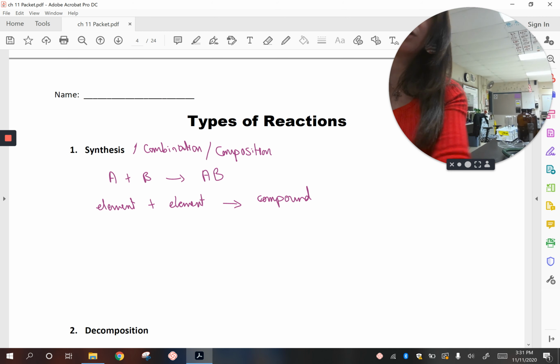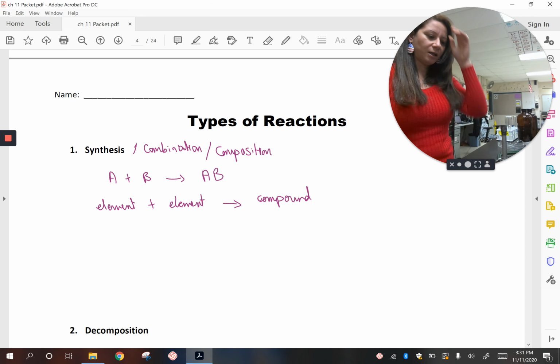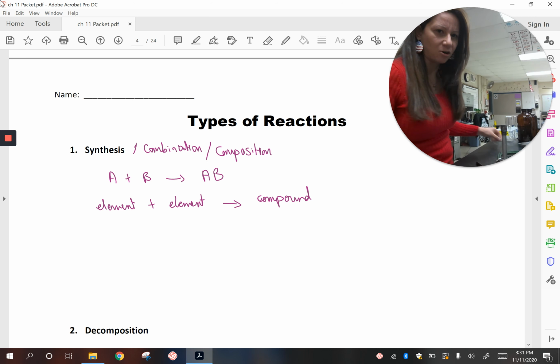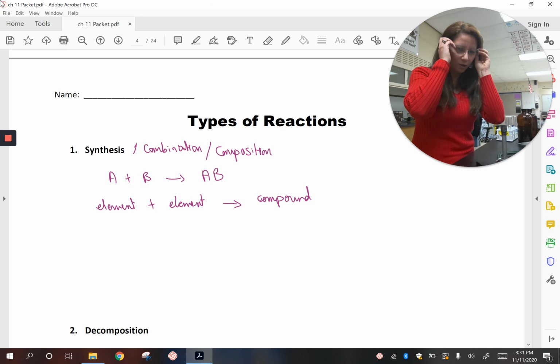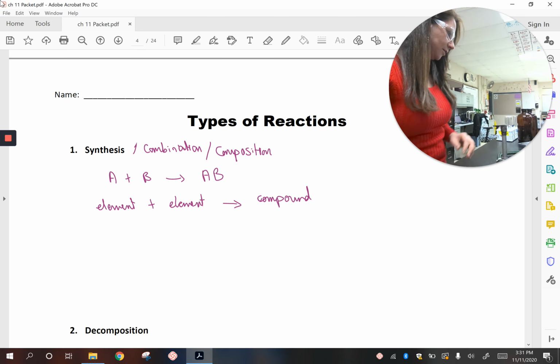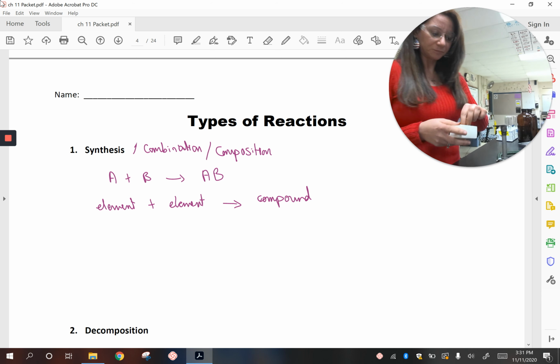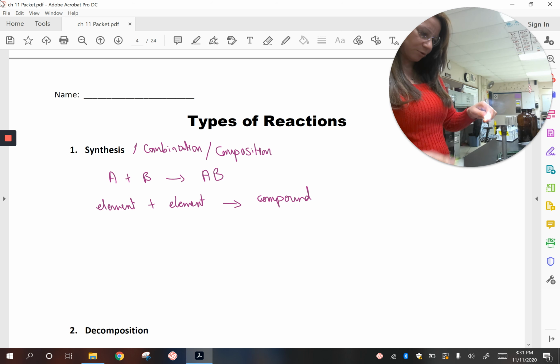So for each of these reactions, we're going to do a demo, an example, and we've done, I think, all of these reactions already before, but now we get to write our equations and explain what's happening. So I'm going to go ahead and light a Bunsen burner here.